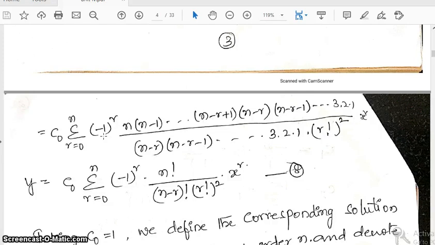So we will take only R equal to 0 to n, (-1)^R into n into (n-1) into so on (n-R+1).